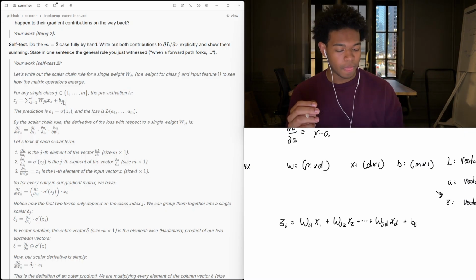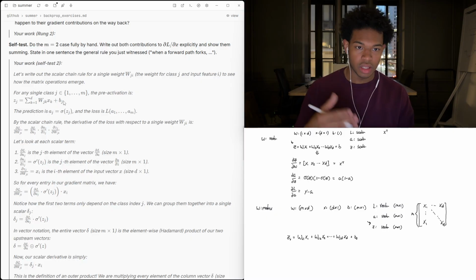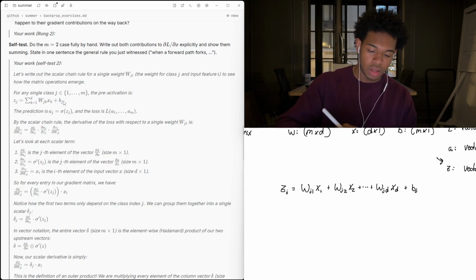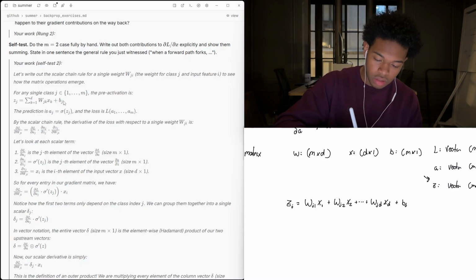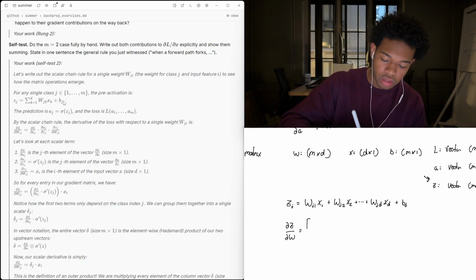Okay. Yes. And in fact, we have a stack of these, exactly M of them. So now we can write Z with respect to W equals this matrix.